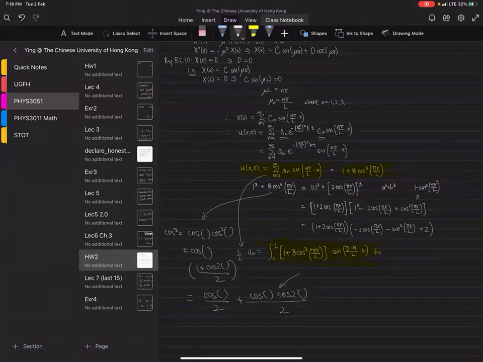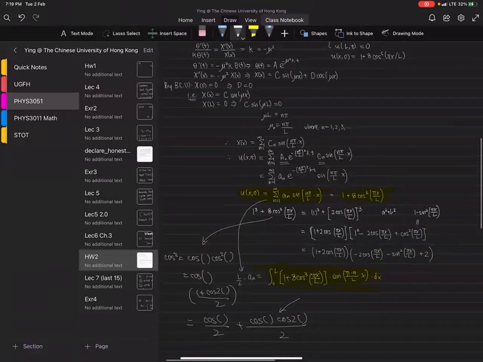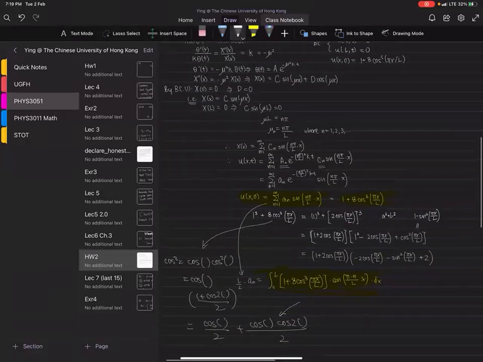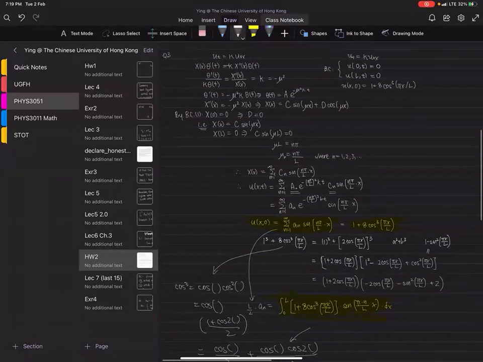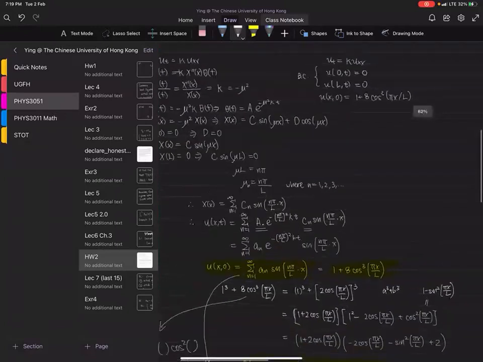Your general solution is in terms of the sine? Yes. Okay, so can you show me what the boundary conditions are? The boundary conditions are here.